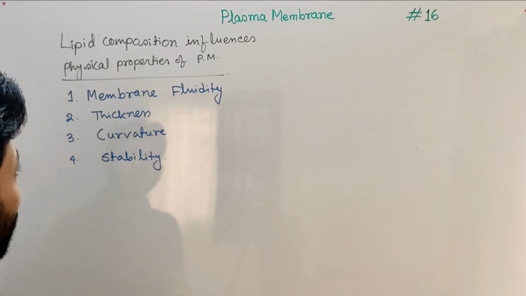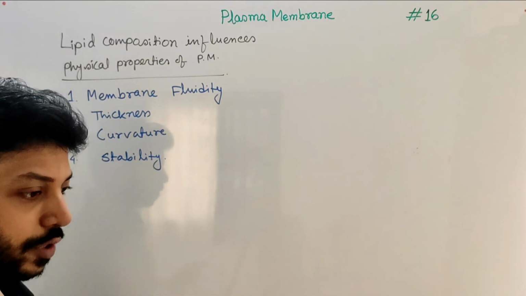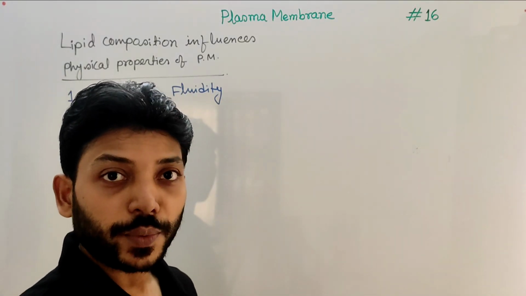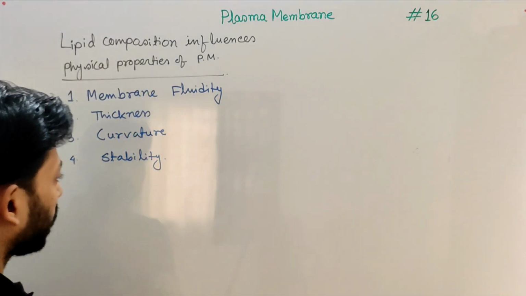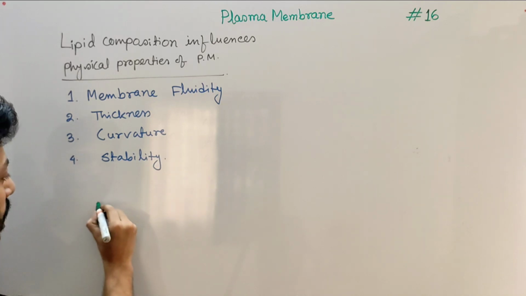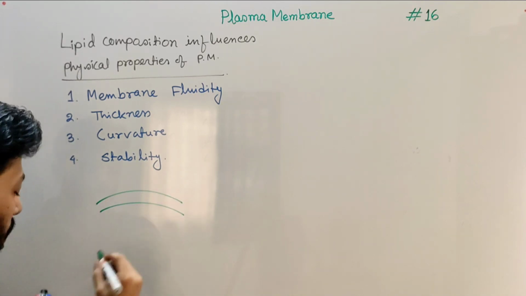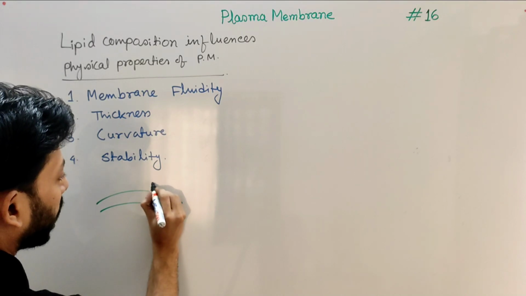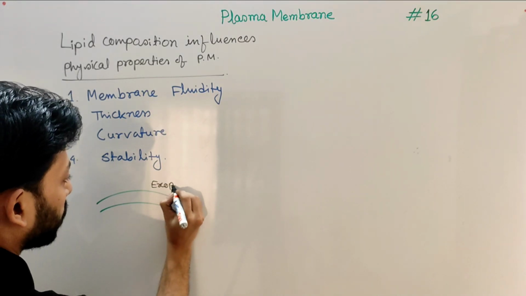Now at first I will talk about membrane fluidity, how lipid composition of the plasma membrane influences the membrane fluidity. At first I want to mention that plasma membrane is lipid bilayer in nature. The outer layer of the membrane is called exoplasmic leaflet.